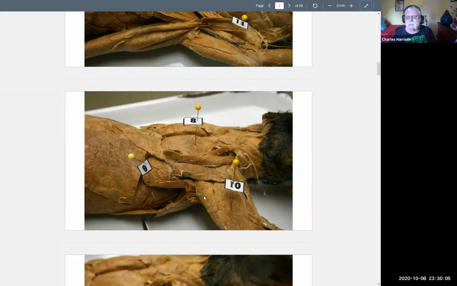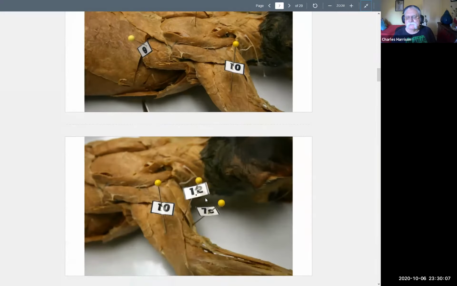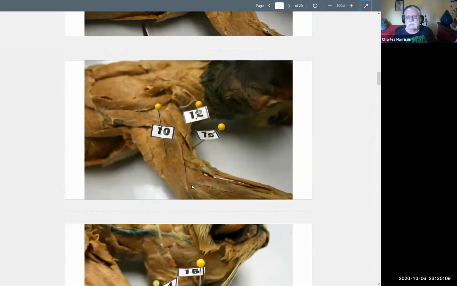This is the second head. 12 is still the brachialis, right next to the triceps. And this 7 here is one of the deltoids, the clavodeltoid.